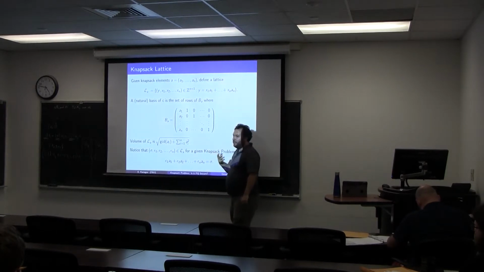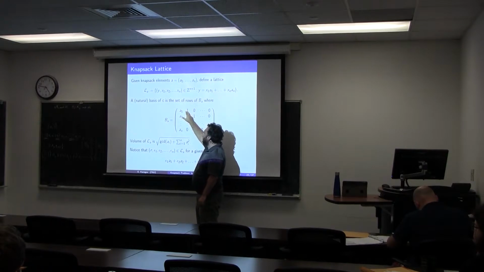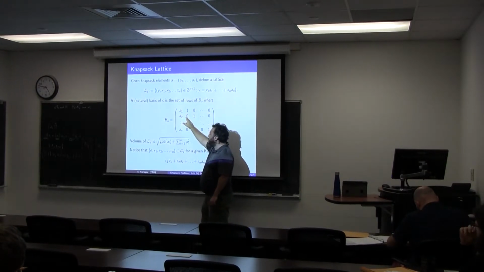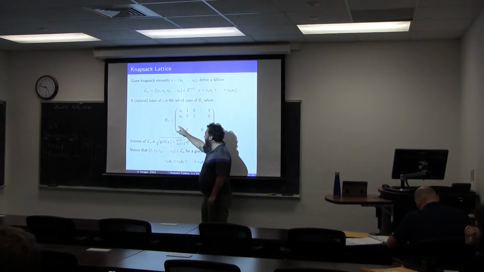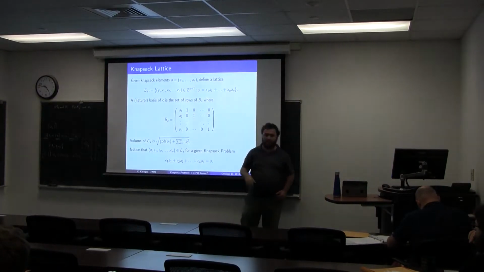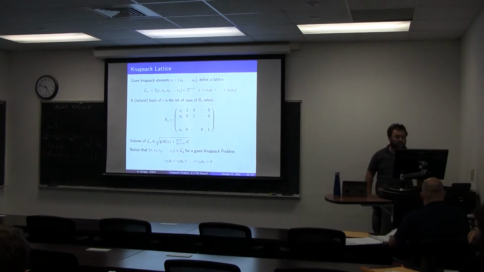So the natural basis for this knapsack is: a1 can be written as 1 times a1 and 0 times everything else. a2 can be written as 1 times a2 and 0 times everything else. an can be written as 1 times an and 0 times everything else. So this is a natural basis for this lattice.